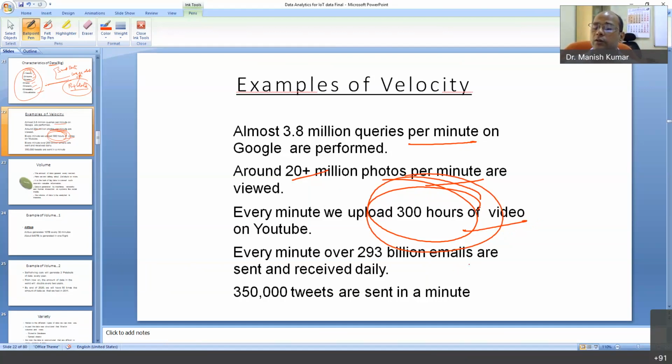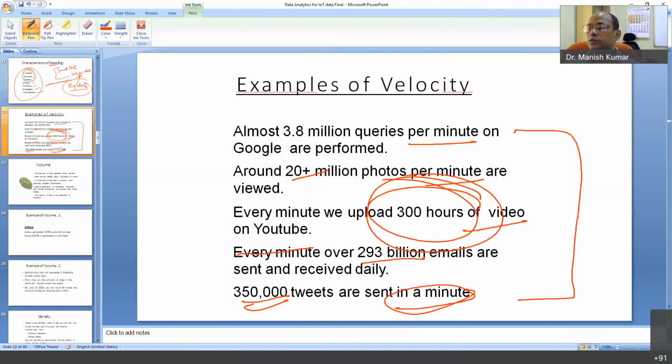Over 300 billion emails are sent and received daily. And then around 3.5 million tweets are sent in a minute.